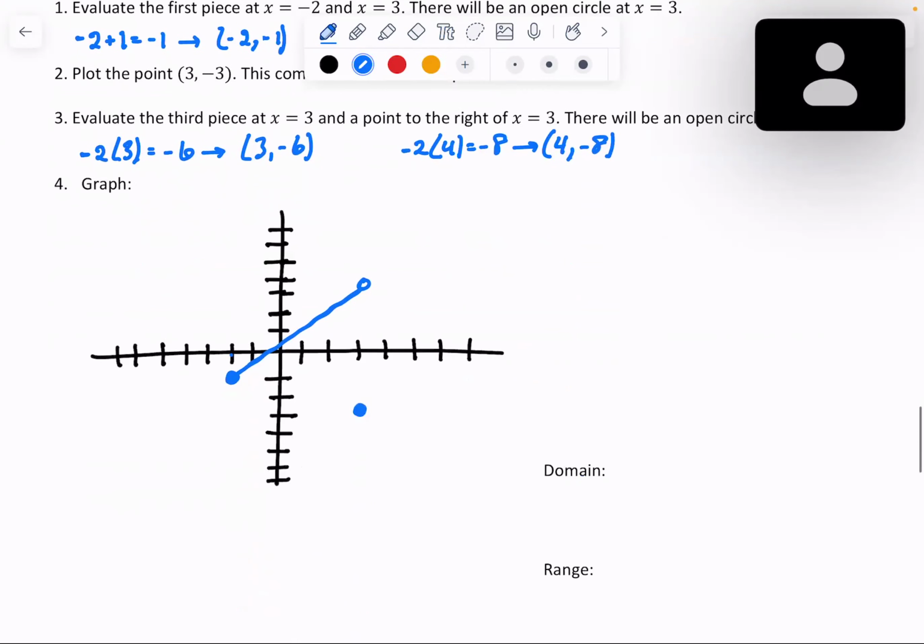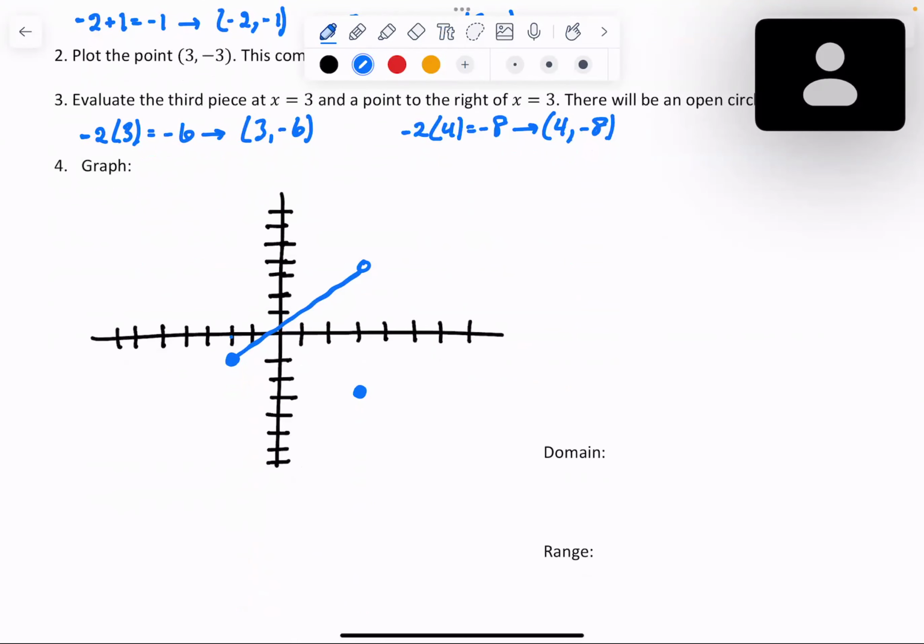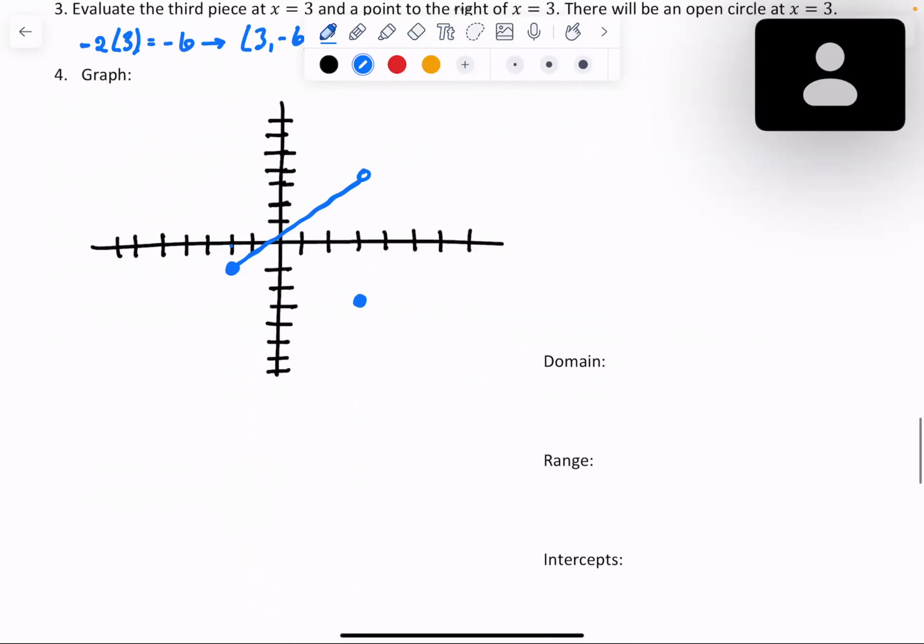So I go to (3, -6), which is right here. Let's try to make that a better open circle. And then the next one was (4, -8), which is roughly down here.